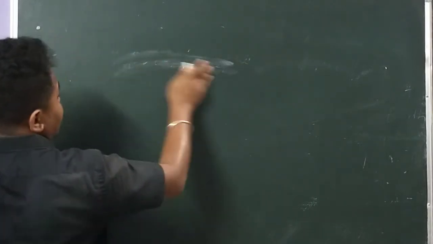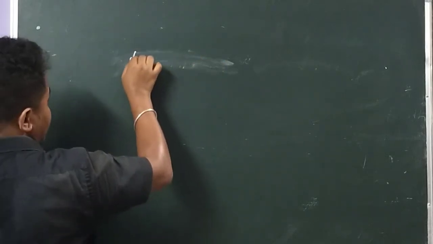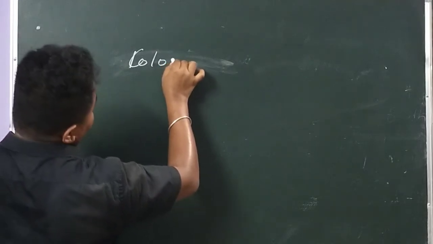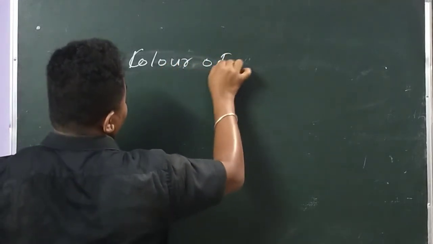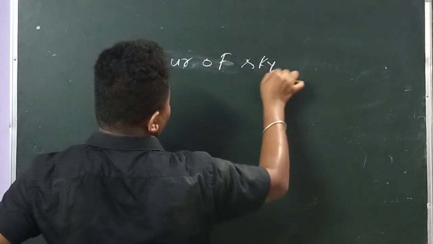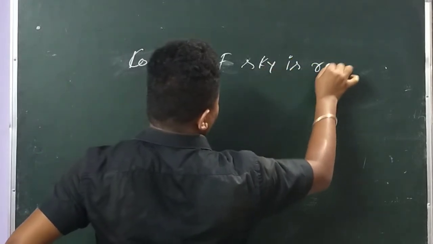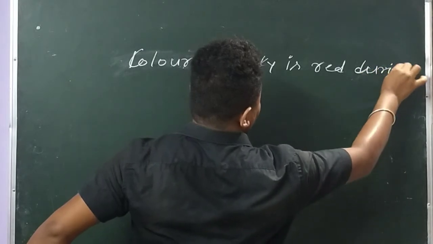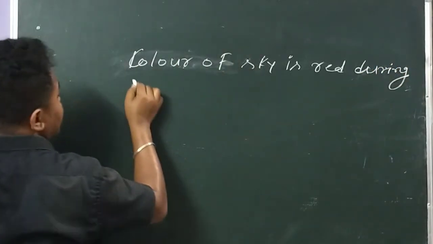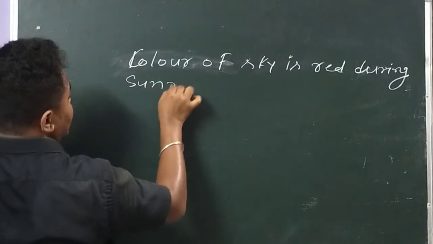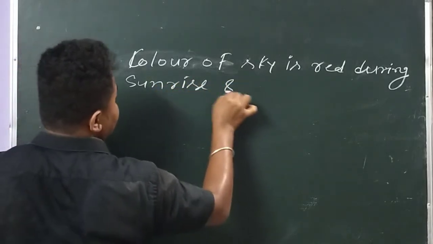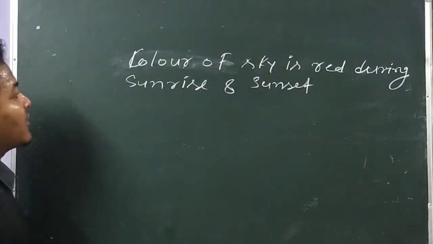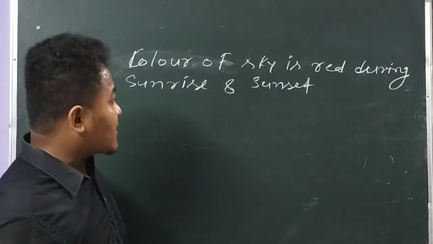That means you can write: the color of the sky is red during sunrise and sunset. The color of the sky is red during sunrise and sunset.